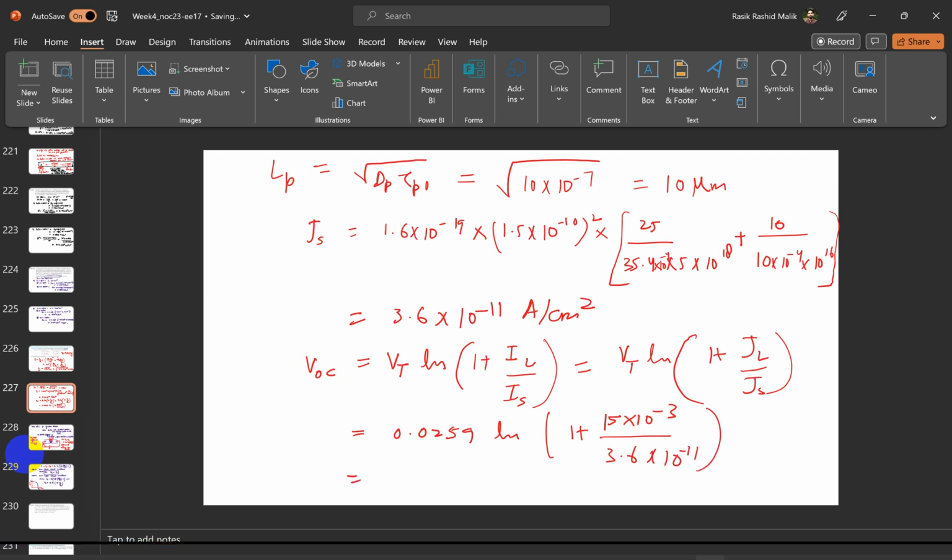So let me calculate this value. The value is coming out to be equal to 0.514 volts.